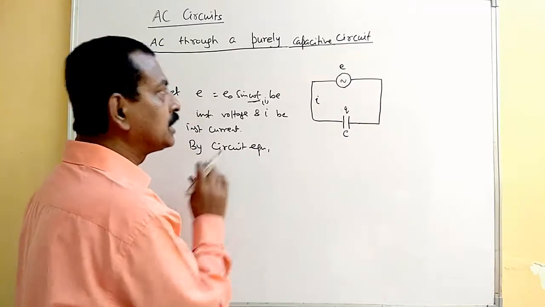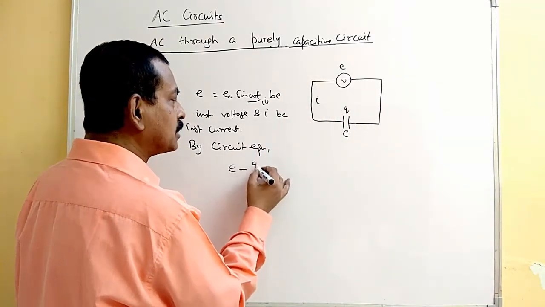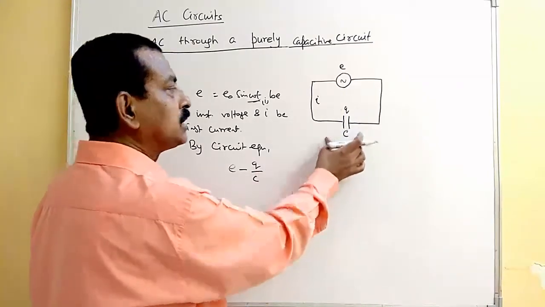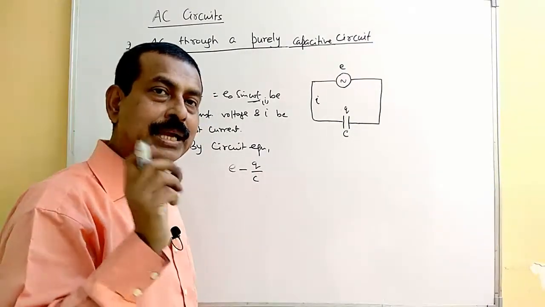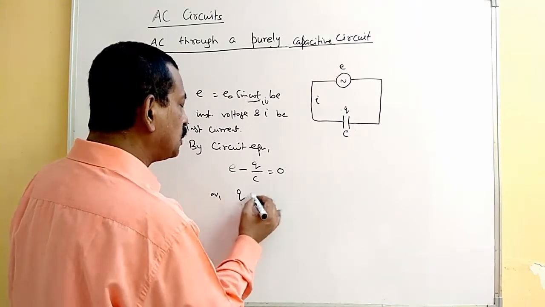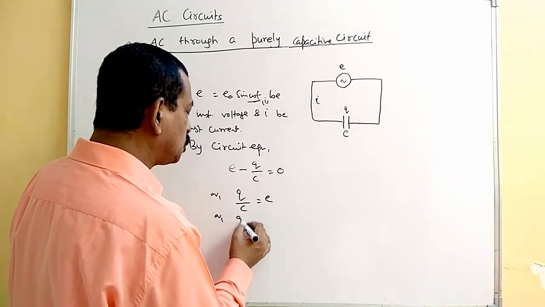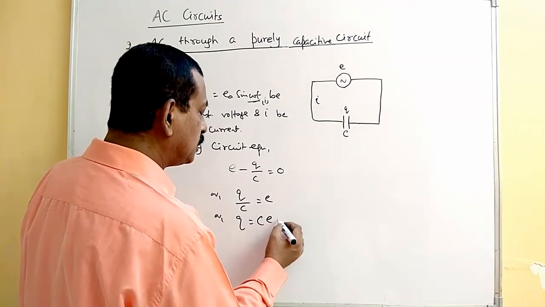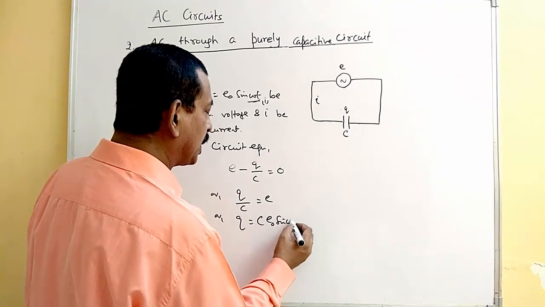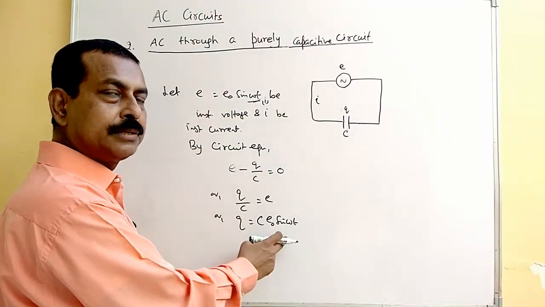So by the circuit equation, we can write: E minus Q by C, because Q by C gives the voltage across the capacitor, is 0. Or Q by C equals E, or Q equals C into E naught sine omega t, because for E we can put E naught sine omega t.